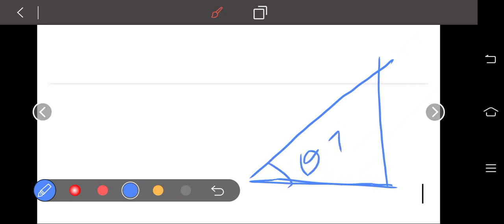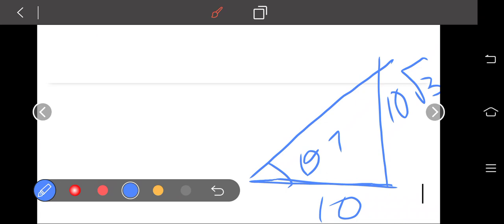So the shadow is 10 and the height of the tree is 10 root 3. Then the angle of elevation of the sun is? So what will be the angle of elevation of the sun? First you have to find out the other side.